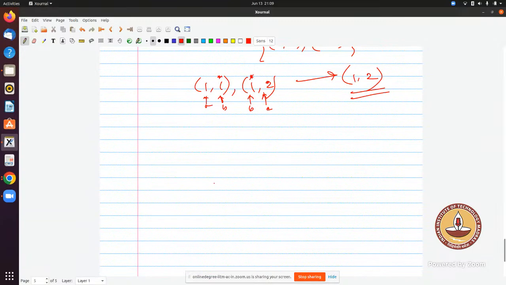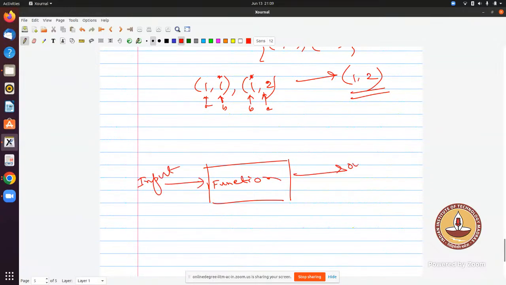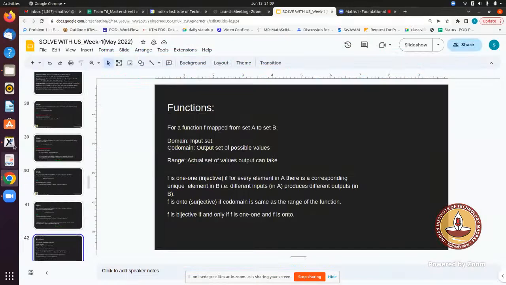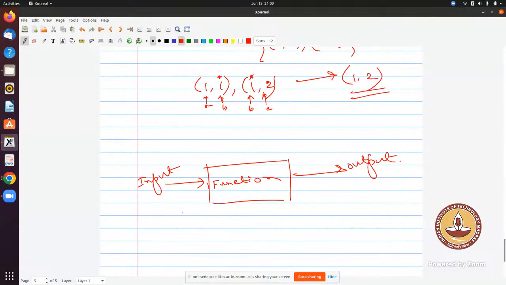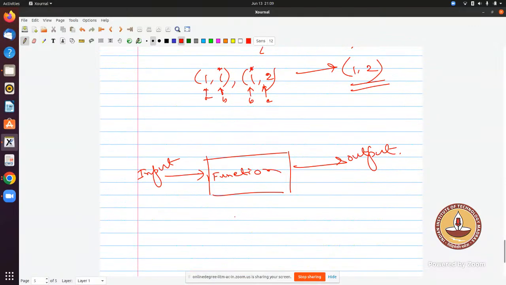What does a function do? It is taking some input and it is giving us output. And one input cannot give two outputs.